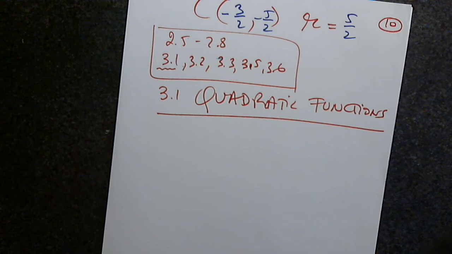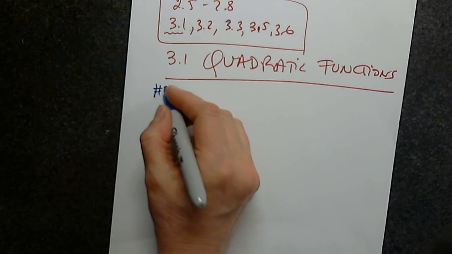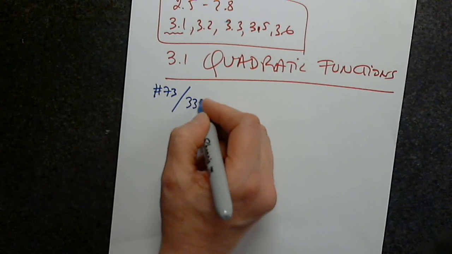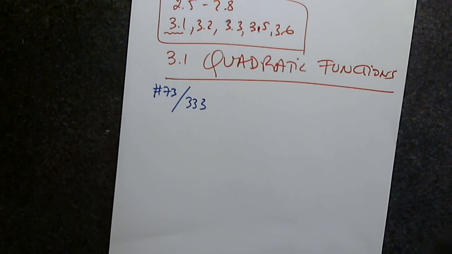I know Los Angeles doesn't have a Beltway, but you know what I mean. So this is 73 on page 333. It's still in 2.8. We're talking about the circle.